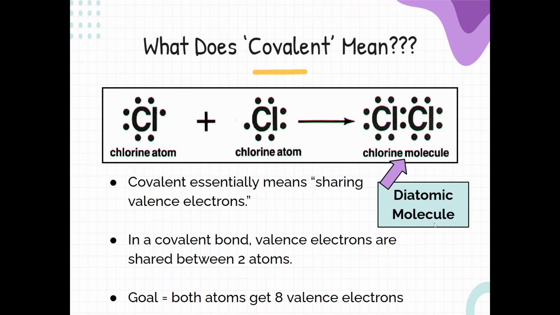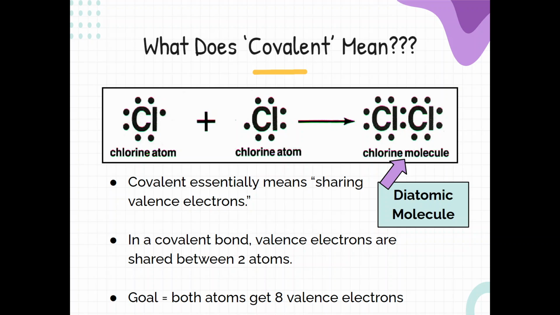Several elements exist in nature as diatomic molecules. We'll talk about these more when we come back to class on Monday. The 7 diatomic molecules are your 4 nonmetal halogens, so fluorine, chlorine, bromine, and iodine, as well as oxygen, nitrogen, and hydrogen.